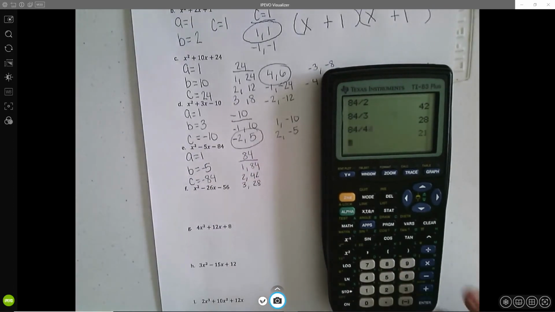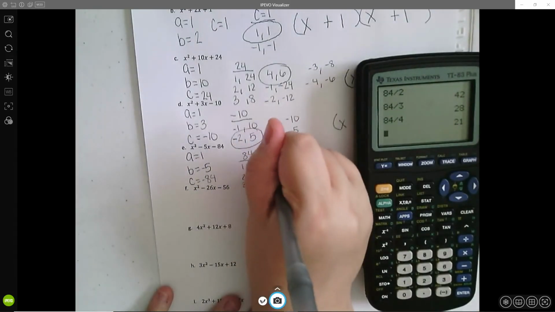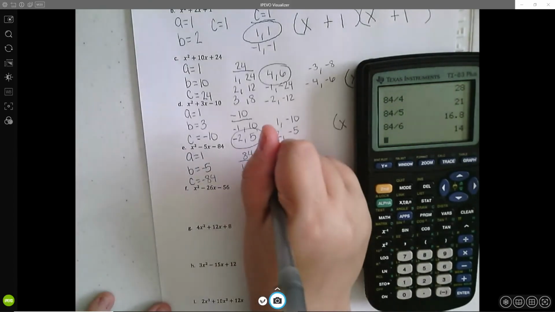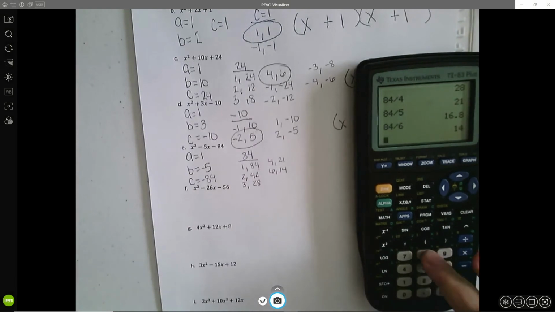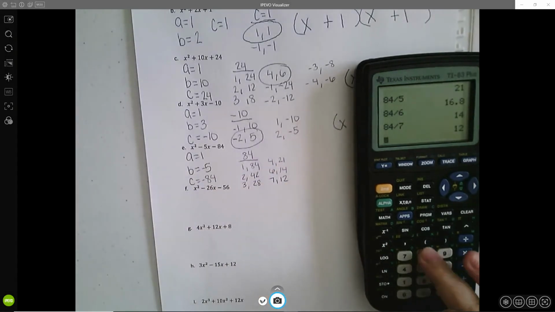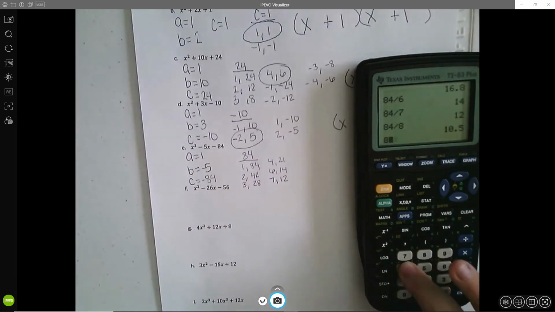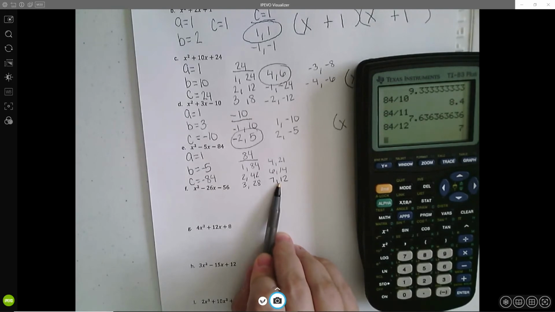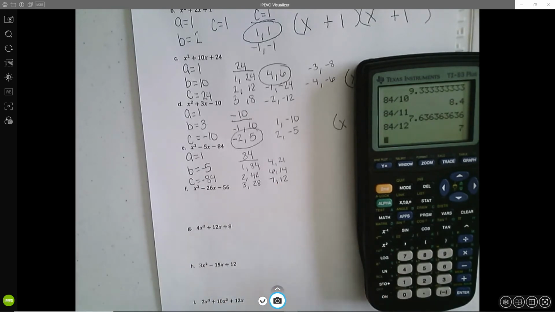84 divided by 4, I have 4 and 21. 84 divided by 5, nope, because it gives me a decimal. 84 divided by 6, I have 6 and 14. 84 divided by 7, I have 7 and 12. 84 divided by 8, nope. 84 divided by 9, nope. 84 divided by 10, nope. 84 divided by 11, nope. 84 divided by 12, 7 and 12, and 12 and 7 would be the same, so I don't need to write them down.